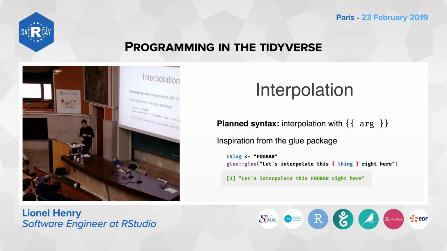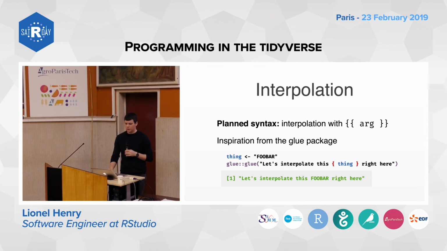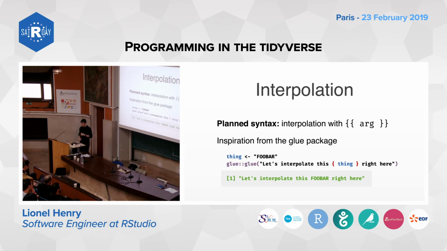And so since that's such a useful pattern that can be reused everywhere in many cases, we plan to introduce a new syntax for it, for interpolation with the double curly operator. So that comes from the glue package from Jim Hester. And if you don't know about this package, it lets you create strings from other strings.